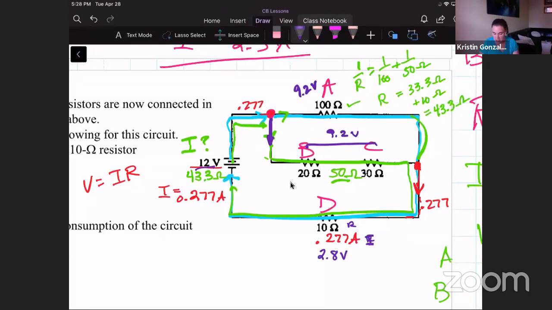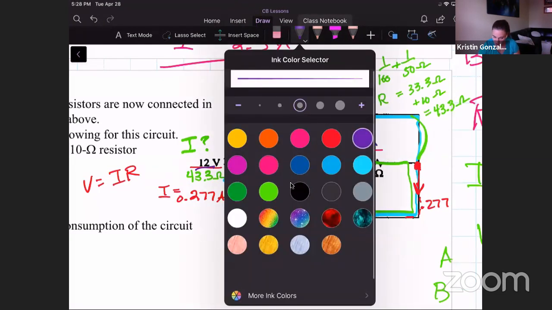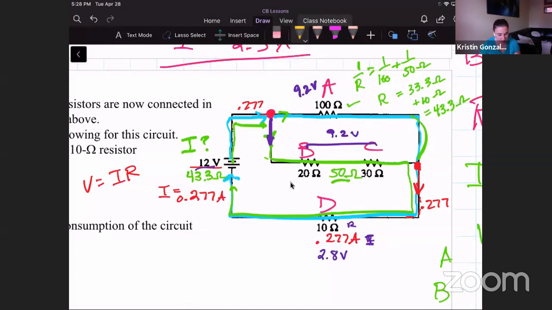But the next thing I wanted to ask you, which is another kind of conceptual thing that we like to ask, is if the light bulb, let's say, what color haven't I used here? Yellow. Let's say that A goes out. All right, let's take A out of play.